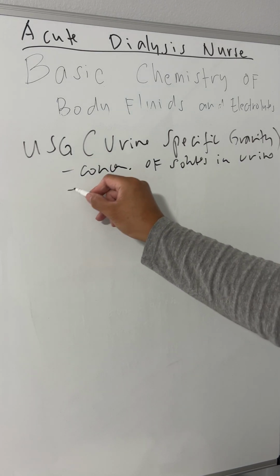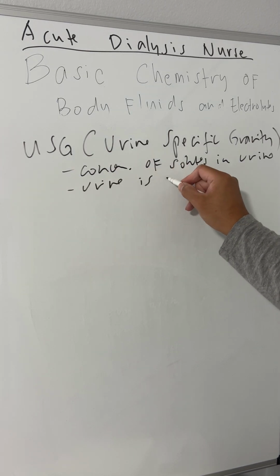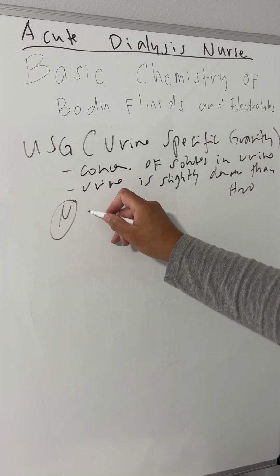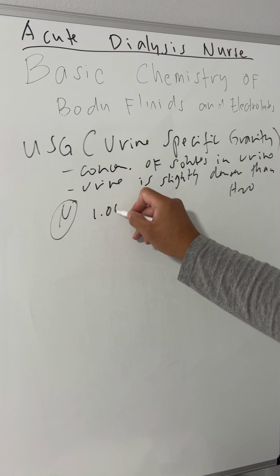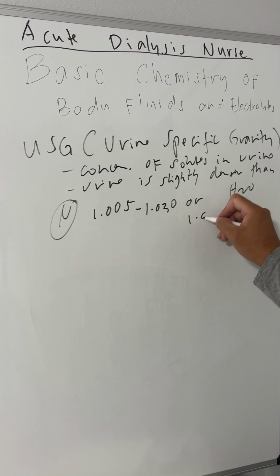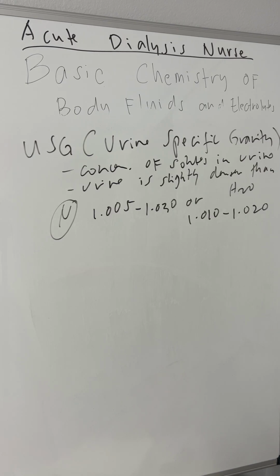So urine is slightly denser than water. Normal value of USG is 1.005 to 1.03 or 1.010 to 1.020. So that's the normal value for USG, 1.005 to 1.03 or 1.010 to 1.020.